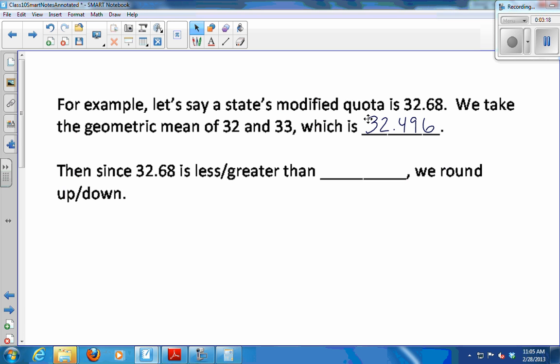Then we use that as the cutoff value. If our quota is above that, we round it up, and if our quota is below that, we round it down. So compare 32.68 to 32.496. 32.68 is bigger, so it's above the cutoff, and we round it up.